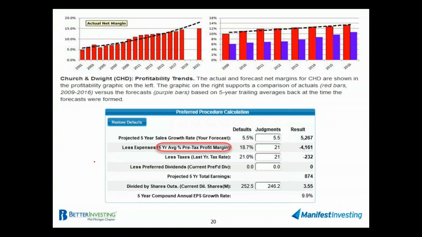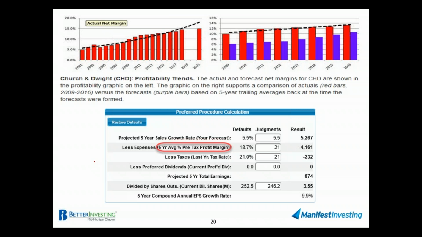This is from an analysis that we had done in the past on Church and Dwight. And just pointing out that if you were using the trailing 5-year pre-tax profit margin to build your forecasts, you basically are not giving it credit for the trend on the upper left. And the graph on the right, the red bars are basically what happened.